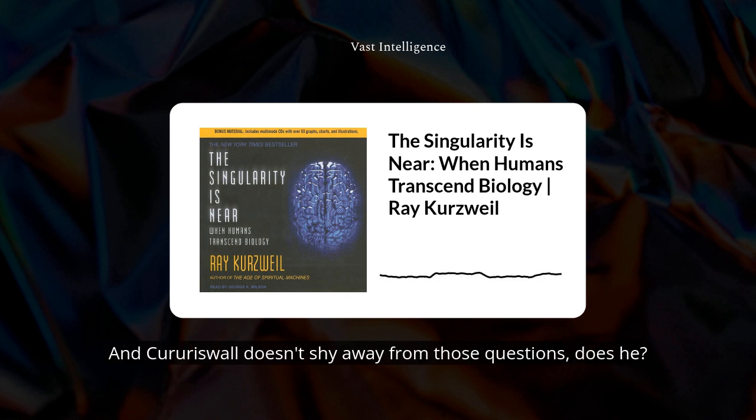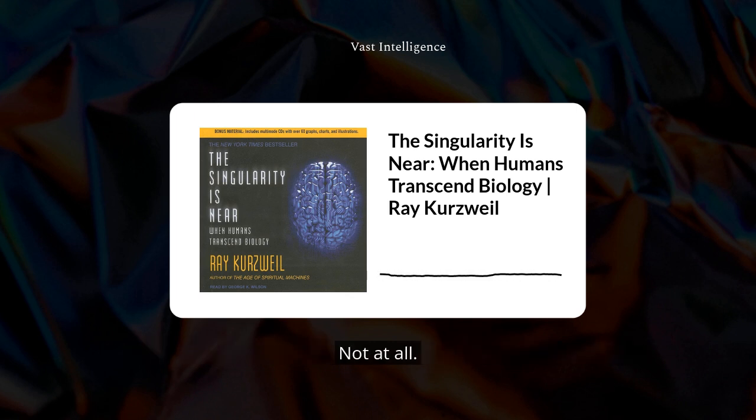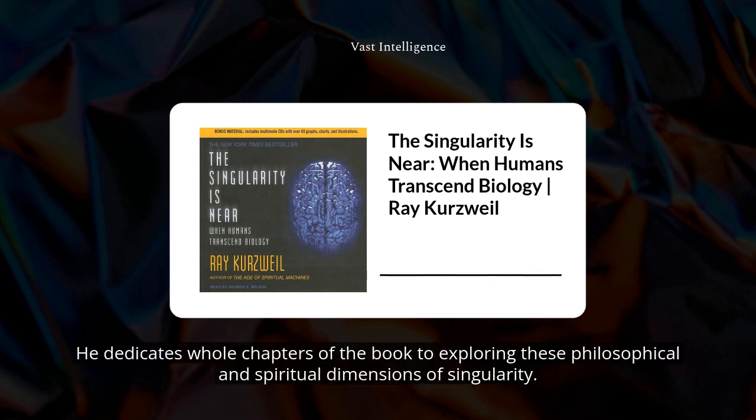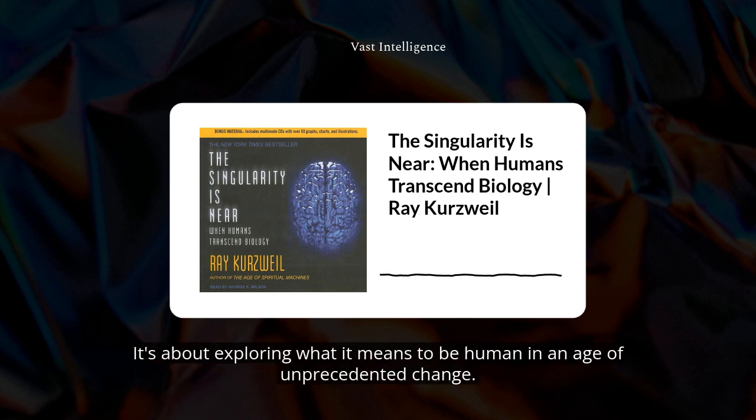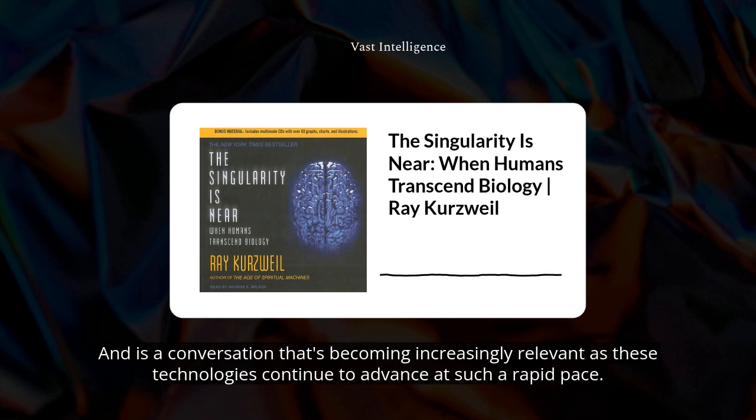And Kurzweil doesn't shy away from those questions, does he? Not at all. He dedicates whole chapters of the book to exploring these philosophical and spiritual dimensions of singularity. So this book isn't just about predicting the future of technology. Right. It's about exploring what it means to be human in an age of unprecedented change. That's right. And it's a conversation that's becoming increasingly relevant as these technologies continue to advance at such a rapid pace.